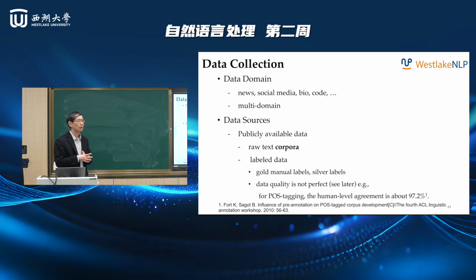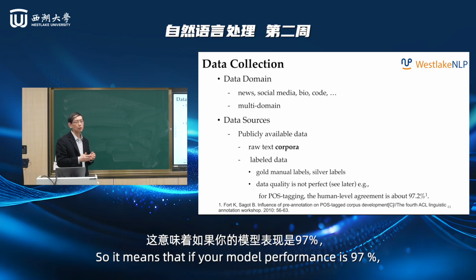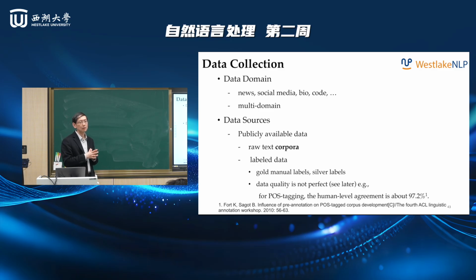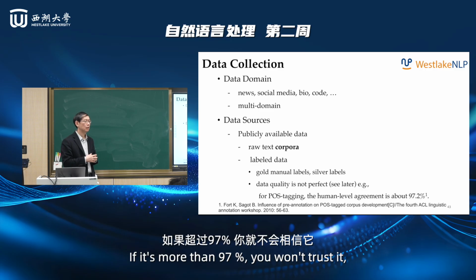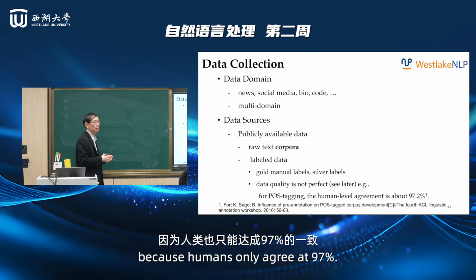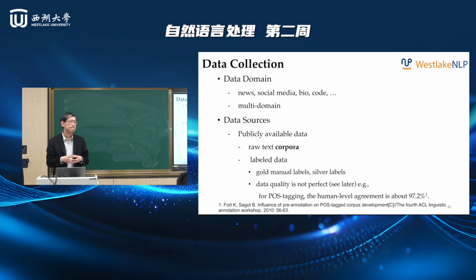So it means that if your model performance is 97%, then it's already at the human level. If it's more than 97%, you won't trust it, because humans only agree at 97%.